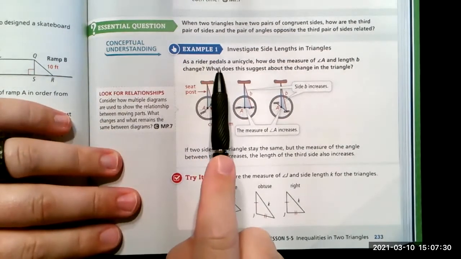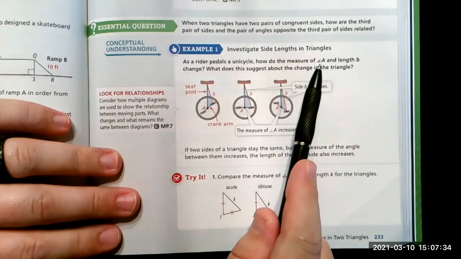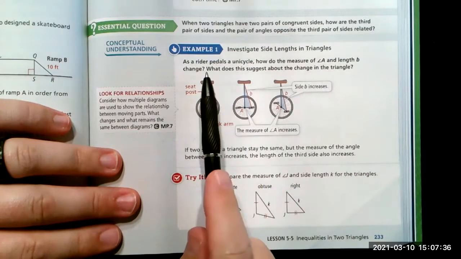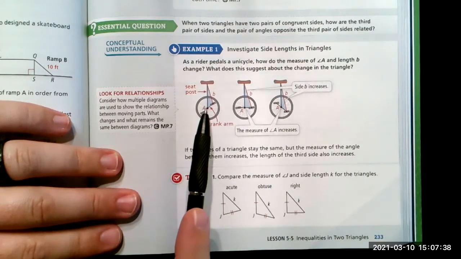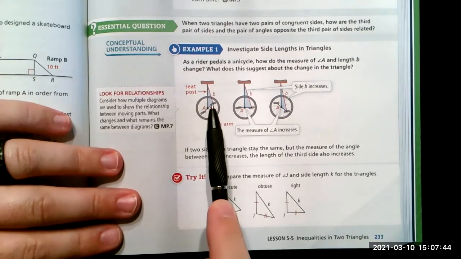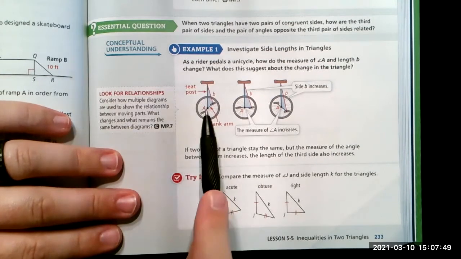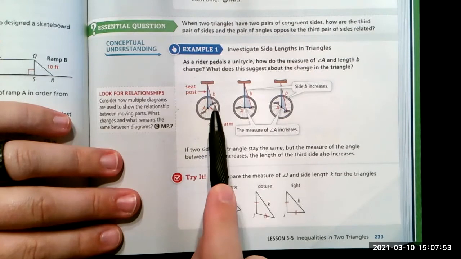As a rider pedals a unicycle, how do the measure of angle A and the length of B change? Angle A is the part in the middle of the wheel, and length B is the part between the pedal and the seat. Here's an example of angle A and the length of B.